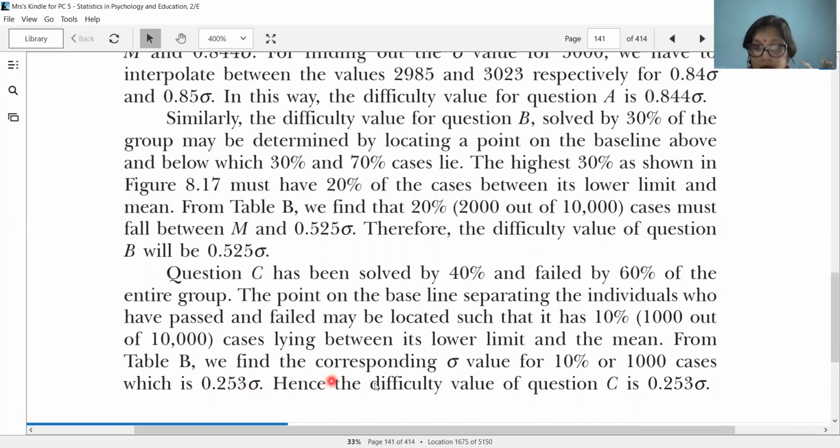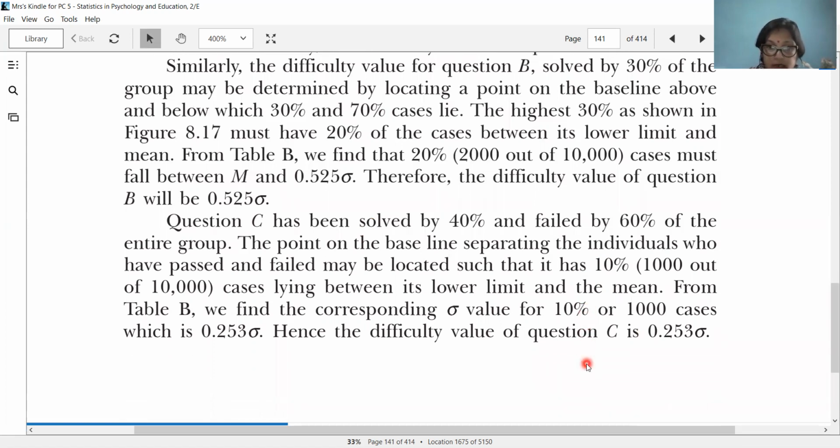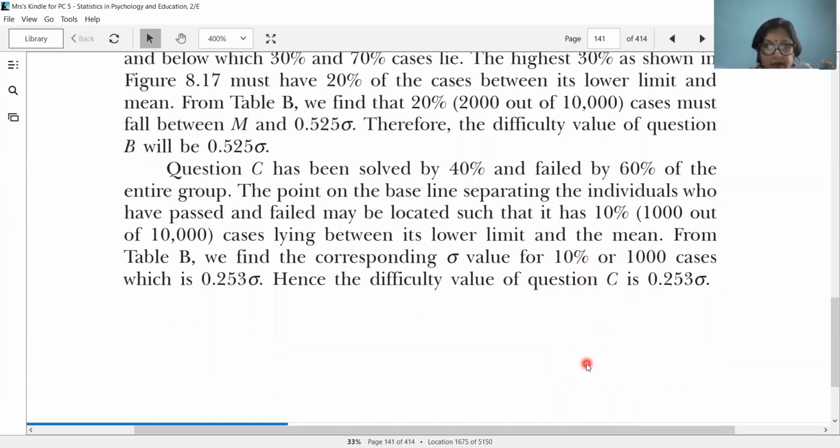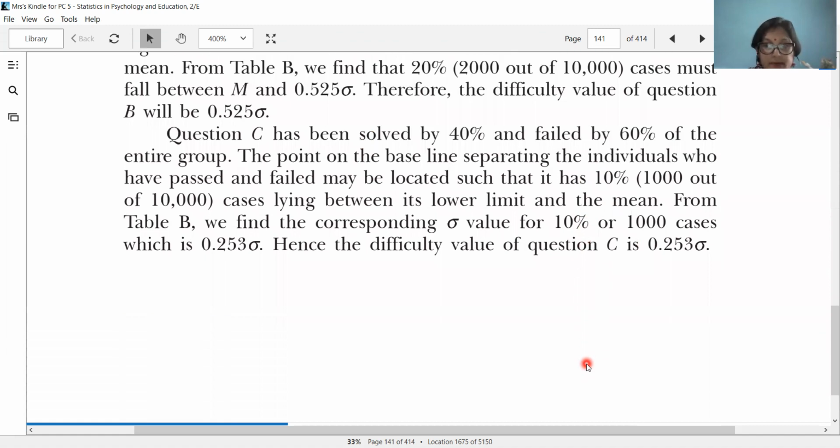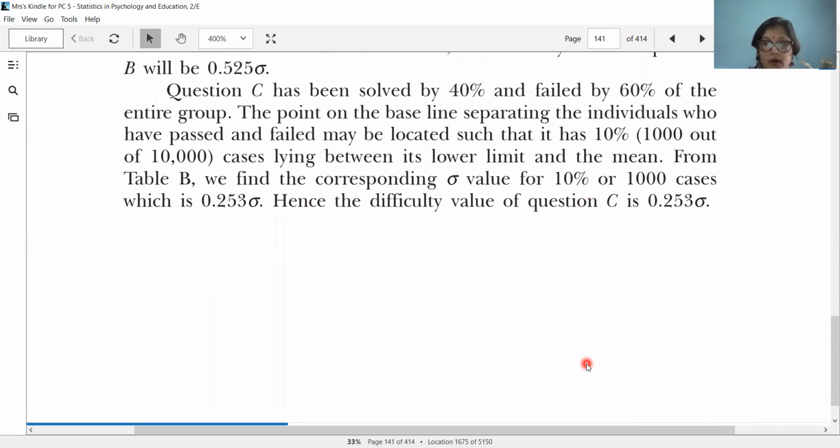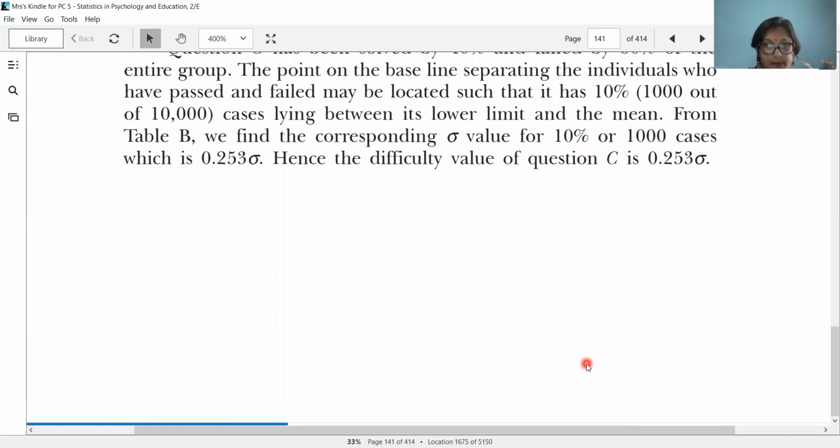So here the difficulty value of question C is 0.253 sigma. Okay, I hope you are getting my point clear. If you have any doubt, please comment.